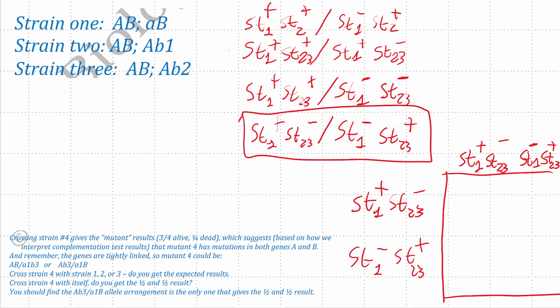What we observe once I fill up the Punnett square is that there are going to be two genotypes out of this Punnett square that produce miscarriages, and there are another two that are going to produce a wild type phenotype.